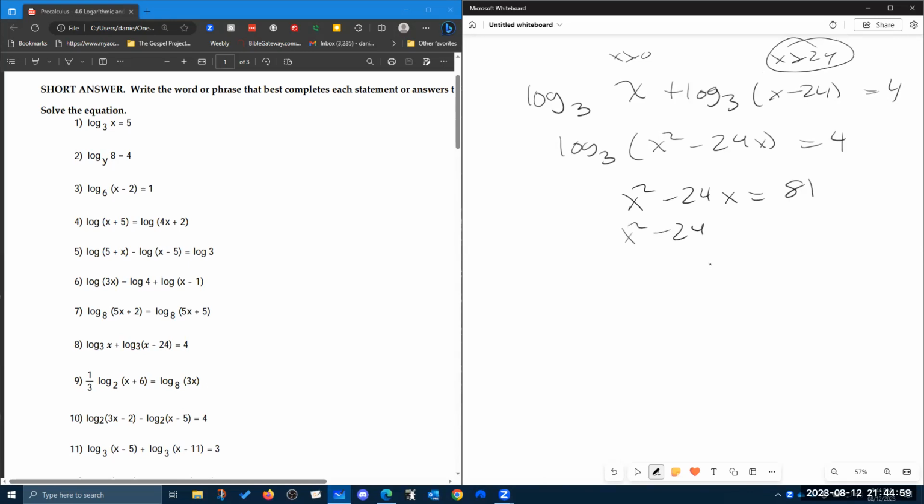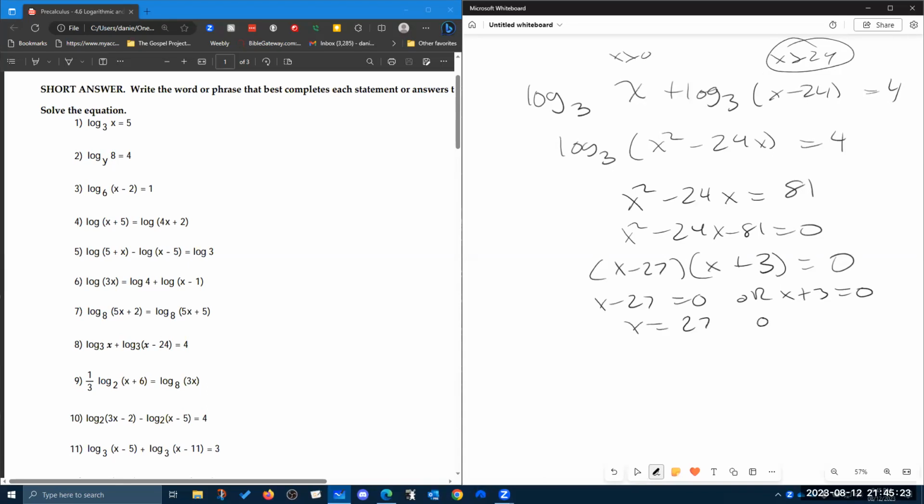X squared minus 24x minus 81 equals 0. That factors into x minus 27 times x plus 3. Minus 27 equals 0, or x plus 3 equals 0, x equals 27, or x equals negative 3. Negative 3 is not greater than 24, but 27 is. So that should be my only answer.